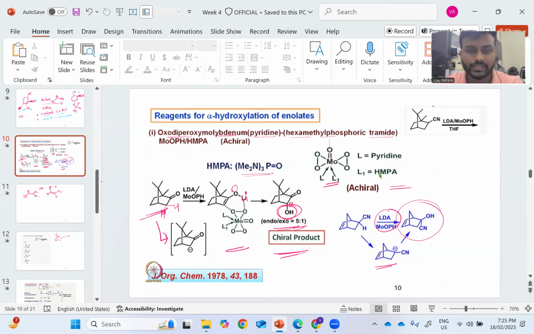So when you use the ketone, we get the endo as the major product, and when we use the cyano group instead of the keto, we get the alcohol, which is an exo one, right? So these are the two key differences.